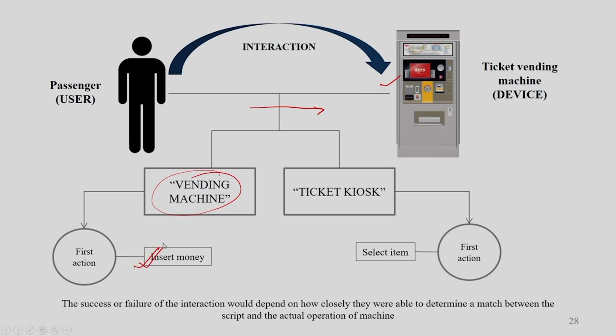So while inserting money, there can be an error if the position of the money collection is not correct or not recognized by the human. There is a possibility of an error. If the person is not in a position to reach that particular point of the machine, there can be an error.